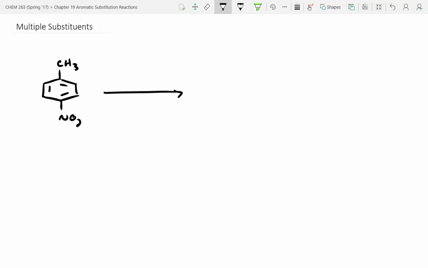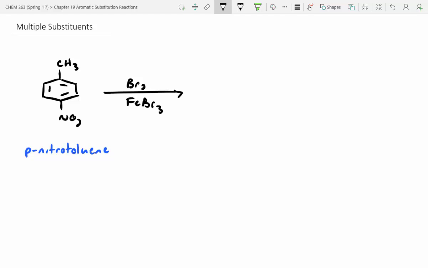Which one's the parent? Good question. Toluene, right? So toluene's our parent. We've got a nitro group in the para position. So this would be para-nitrotoluene. Okay, and let's try to do electrophilic aromatic substitution. And we'll just do an easy one. We'll do bromination.